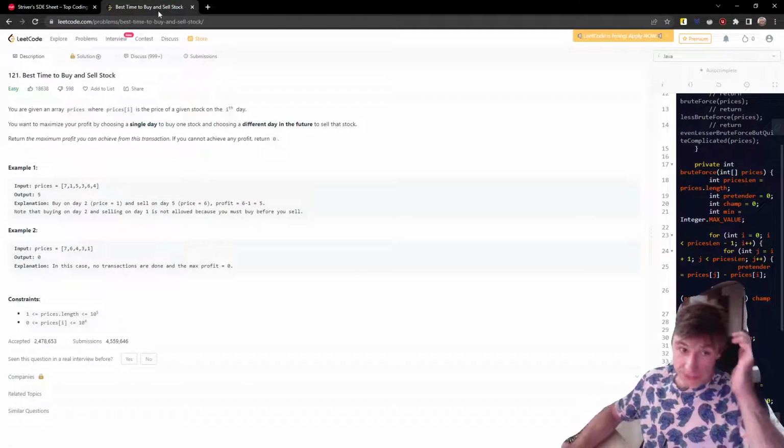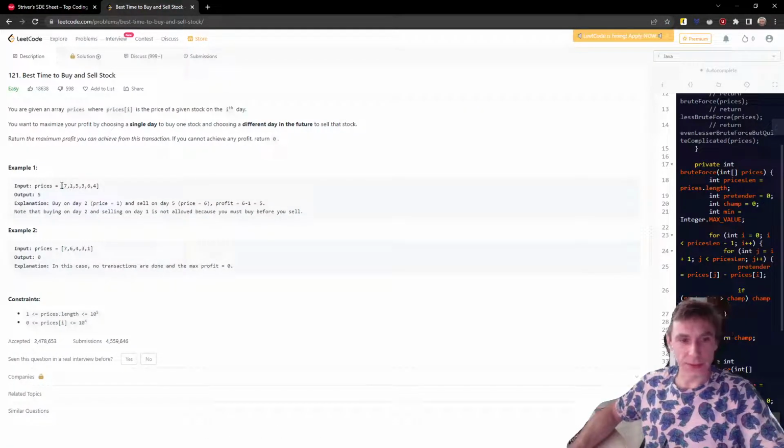So what the problem states, basically, as the input we are getting an array of integers which represents days of buying or selling the stocks, and we need to find a pair, or basically the profit that we can get when buying and selling those stocks.